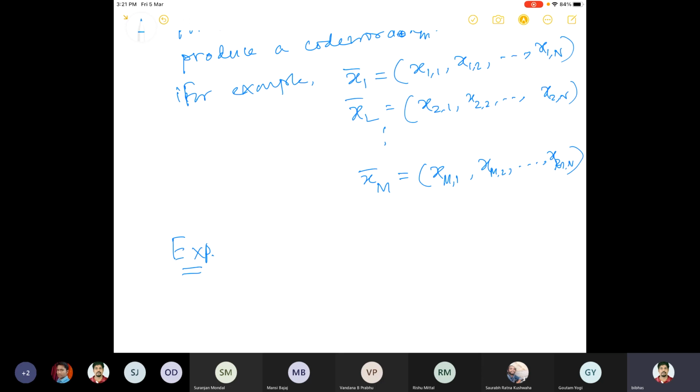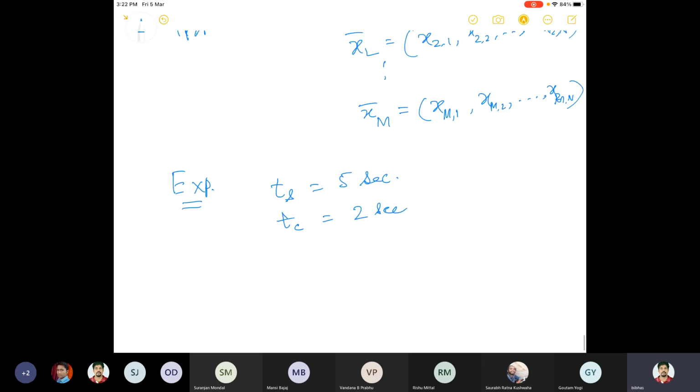Let us say my TS, the source time interval for one binary digit, is 5 seconds. And let's say my TC, the channel time interval for one channel digit, is 2 seconds.